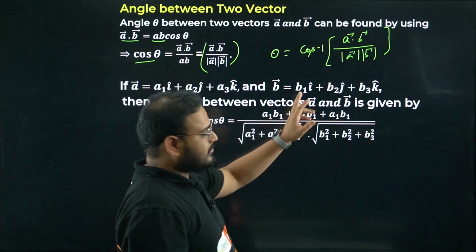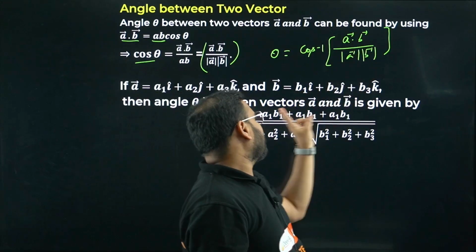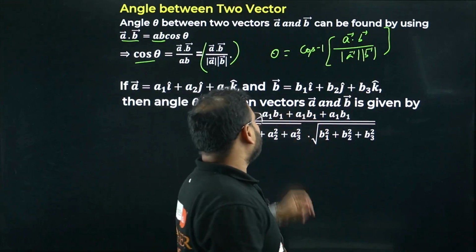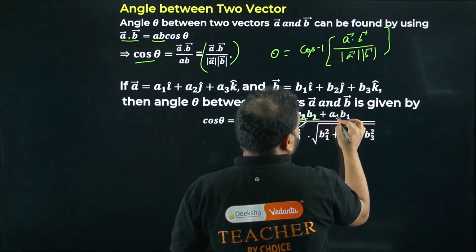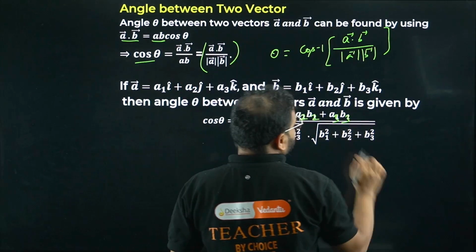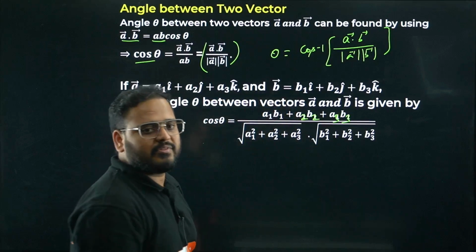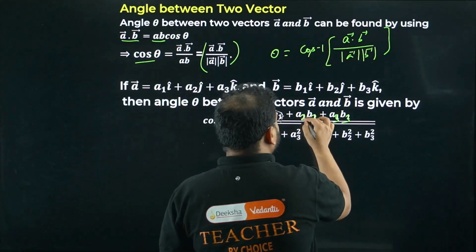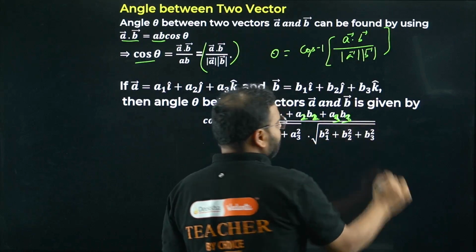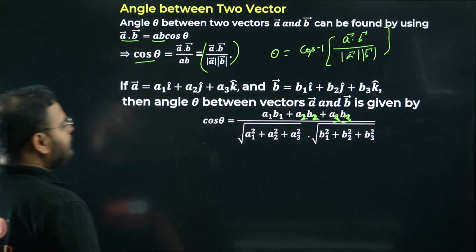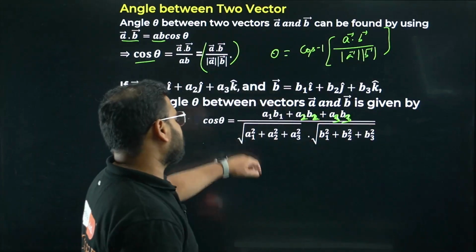A dot B is A1 B1 plus A2 B2 plus A3 B3. So A1 B1 plus A2 B2 plus A3 B3 divided by, what is this part?